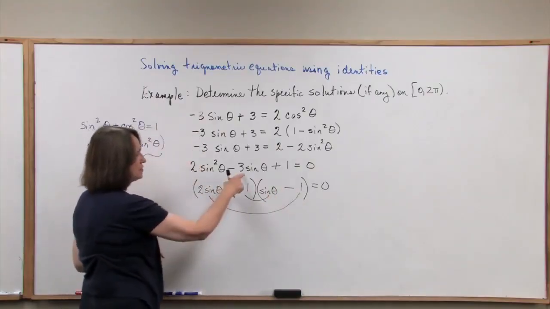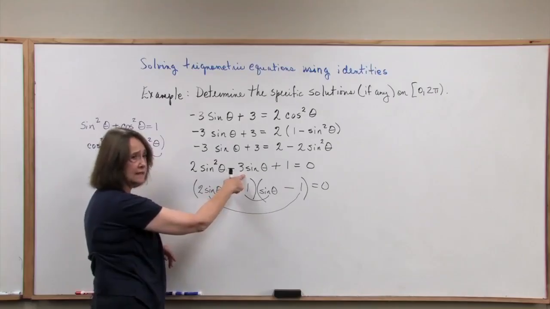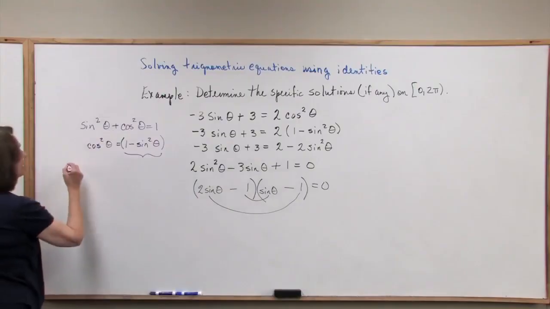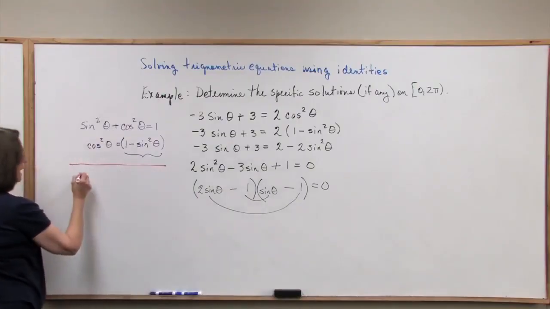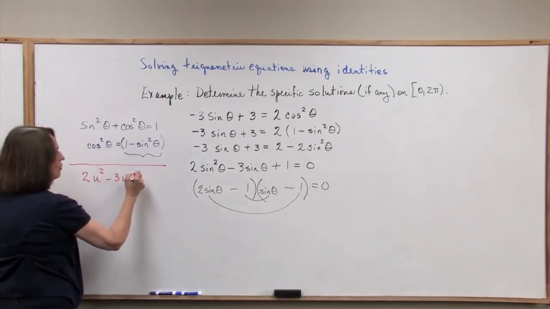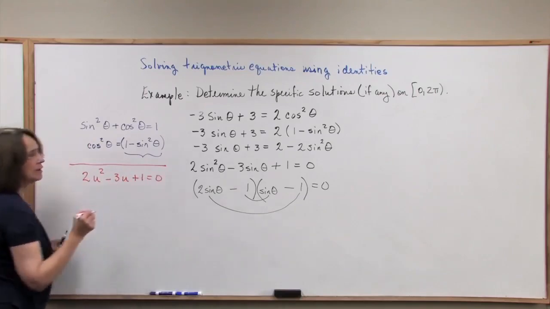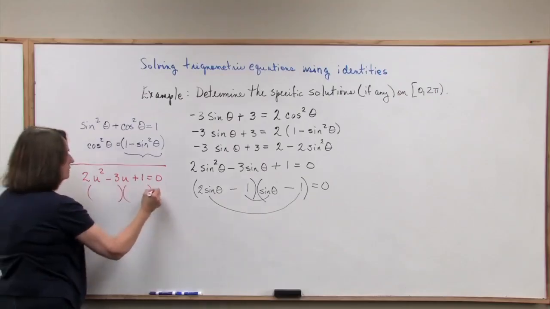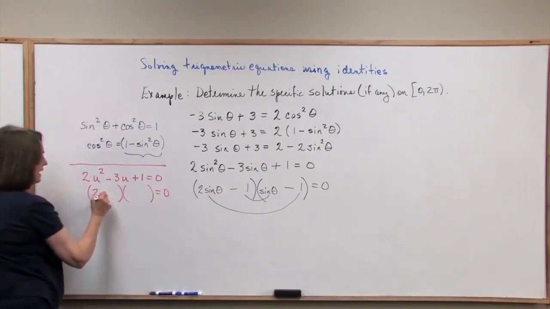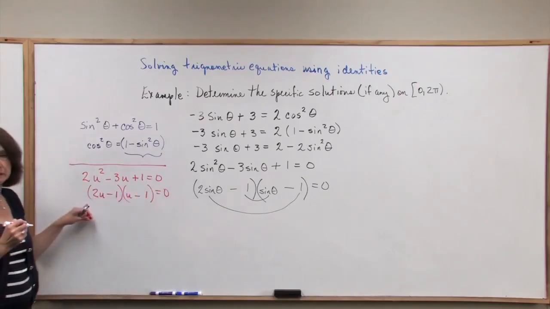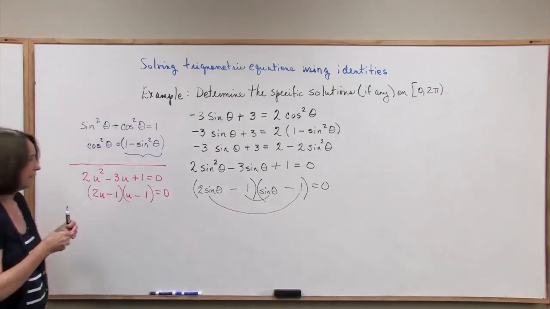This is negative 2 sine theta, which is negative 3 sine theta. Now, if you had to, you could come to the side and make a substitution for sine theta. And you would get the same factorization. But it might make it a little easier for you.